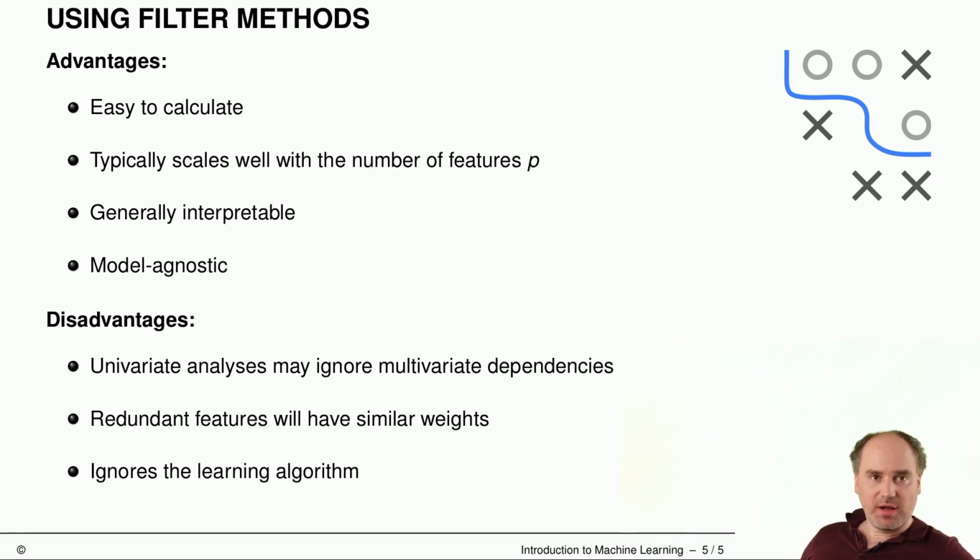So what are the advantages of filter methods? Usually they're pretty easy to calculate. They typically scale quite well with even very, very large data sets. I talked about quite a few of their disadvantages, and sometimes you just have to live with them because you are applying them to situations where, if you do not filter down your data set at all in number of features, the data set is going to be so high dimensional that you cannot work with it at all.